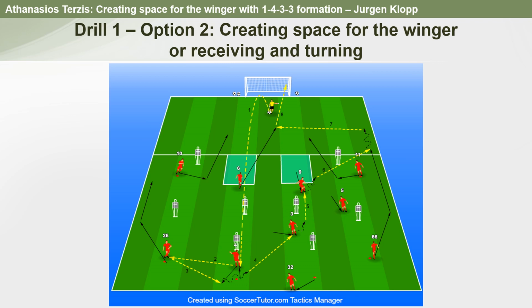The forward again drops back to receive towards an available passing lane, and the ball this time is directed towards his feet. Number 9 receives and turns between the lines and plays the next pass to one of the forward moving players. The Reds now try to score against the goalkeeper.